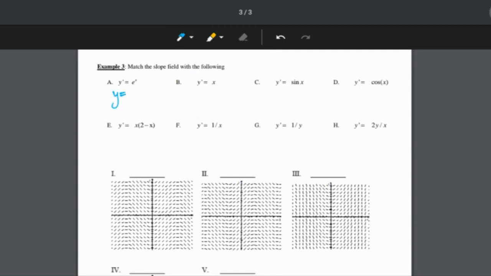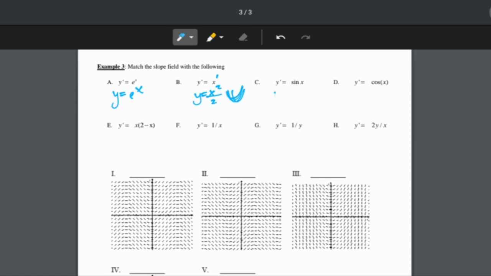So if we're thinking backwards, the antiderivative of e to the x would just be e to the x. If we had to find the antiderivative here, remember, this is x to the first. If you add 1 to your exponent, x squared, then you divide by 2. X squared is going to be some sort of parabola. Even though it's divided by 2, that's not a big deal. We're going to be looking for some sort of parabola shape for that one.